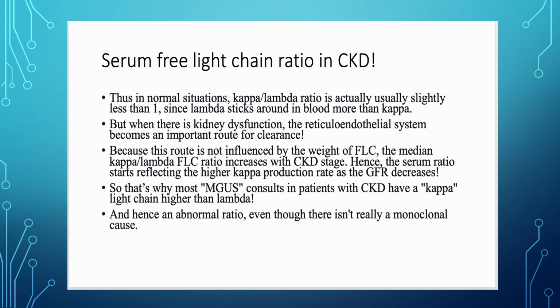Hence, the serum ratio starts reflecting the higher kappa production rate as the GFR decreases. That's the reason most MGUS consults in patients with CKD have a kappa light chain higher than lambda, because lambda is heavier, normally forms dimers, takes longer to get cleared, and hence an abnormal ratio is seen even though there isn't really a monoclonal cause.